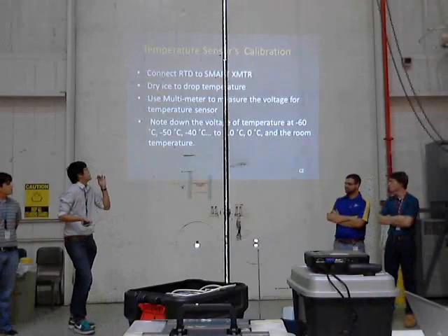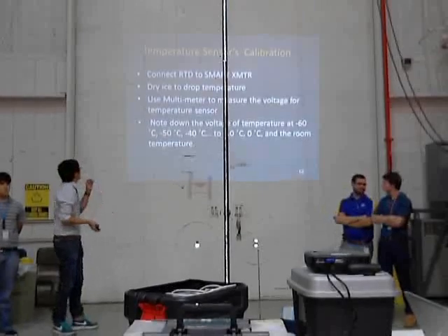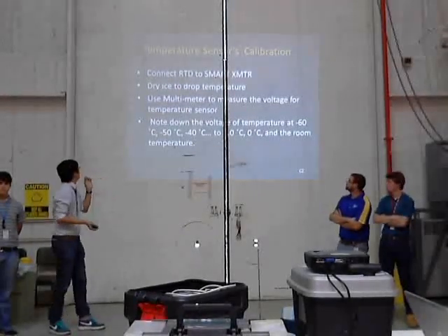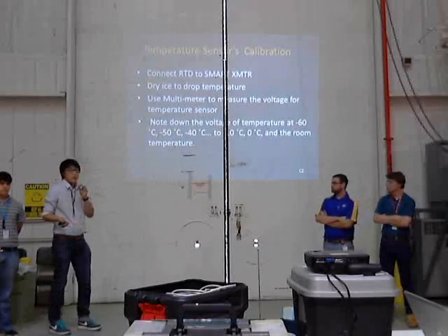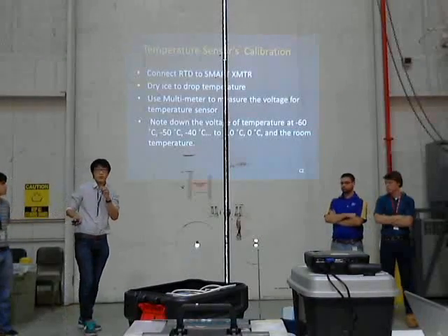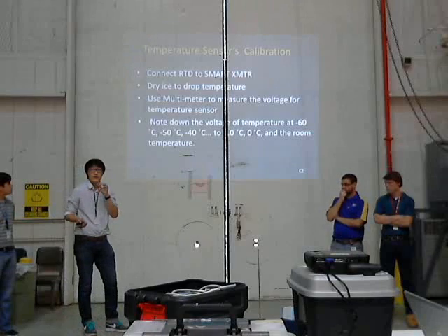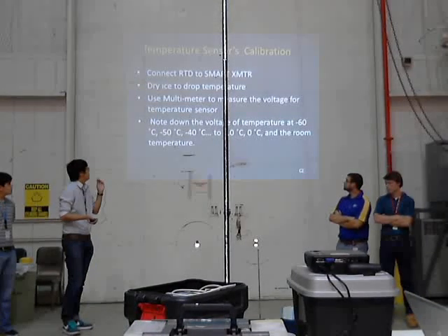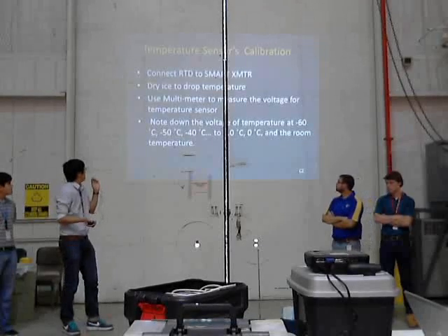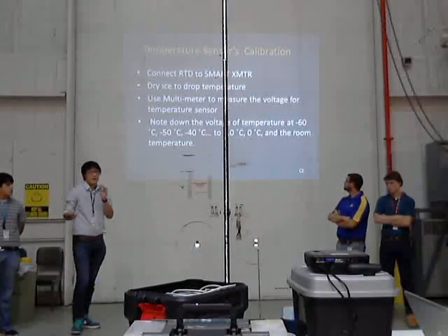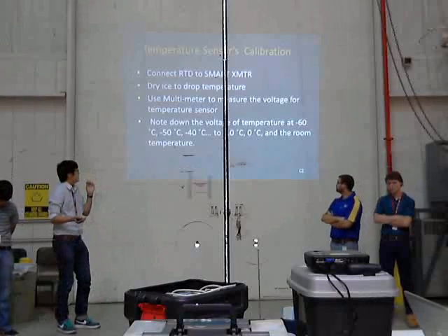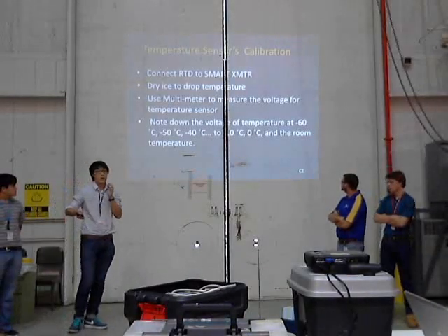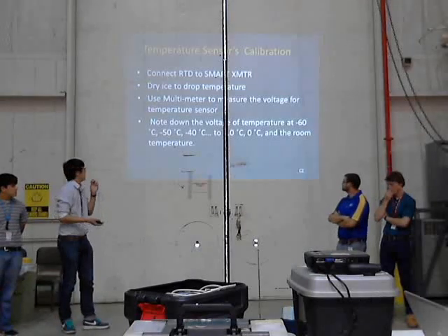This is the temperature sensor's calibration. We use the RTD to do the calibration, and we also use dry ice to drop down the temperature. The dry ice will lower the temperature to negative 76 degrees Celsius, and we use a multimeter to measure the voltage of the temperature sensor. Then we note down the voltage at negative 60, negative 50, negative 40, and 10 by 10 to 0, and also the temperature.